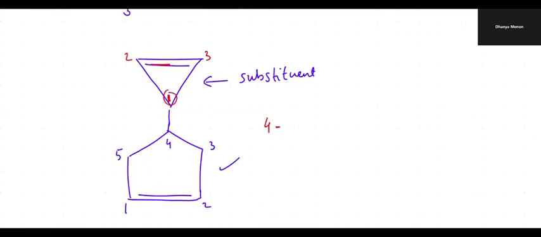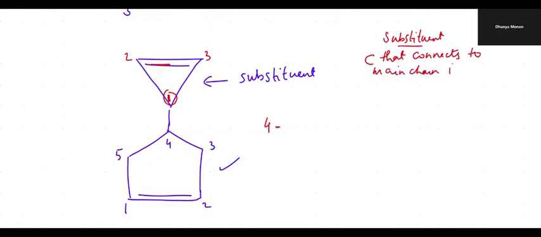I am talking about the substituent: if you have to number the substituent, the carbon that connects to the main chain is given position 1, the first position. So I have numbered this 1, 2, and 3. You can go 1, 2, and 3, no problem. So at the 4th position, we have the substituent.